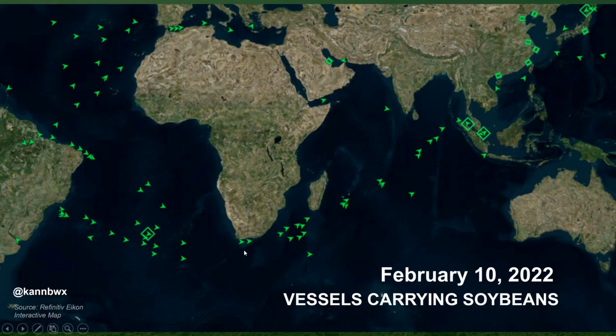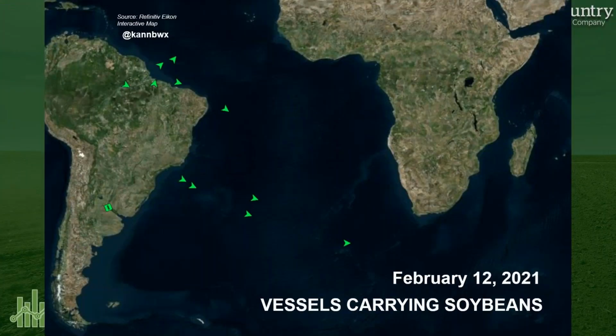And you can see the southern group of boats that's going up around the Horn, going to China. And then you've got this northern set of vessels that are headed into the Mediterranean or into Europe. So a lot of boats that are on the water. And compare this to a year ago, this next map, there were hardly any vessels that were loaded at this point in time. And historically, that's the case.